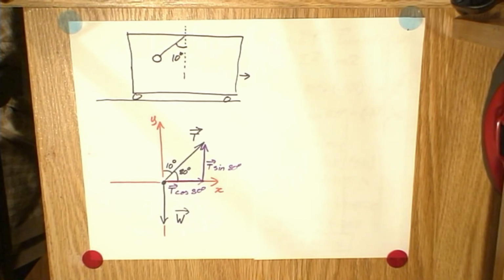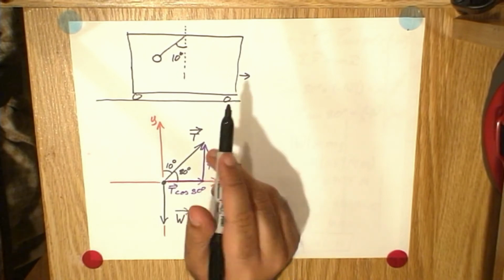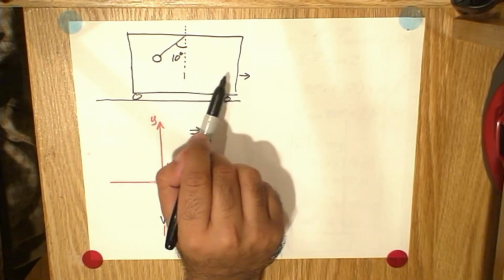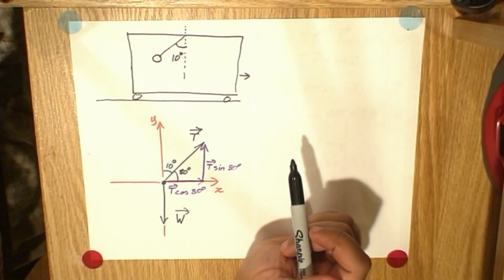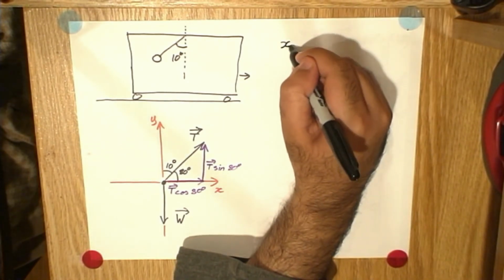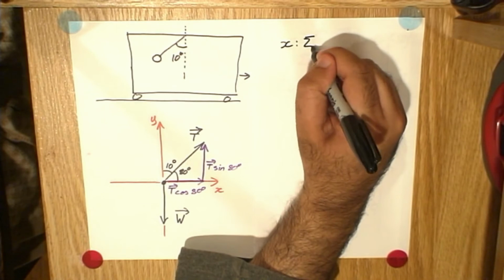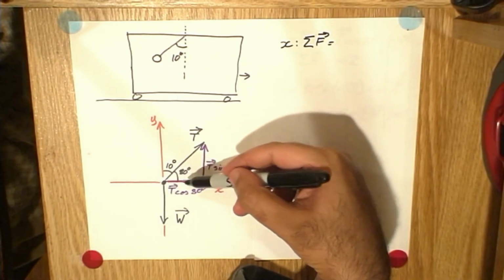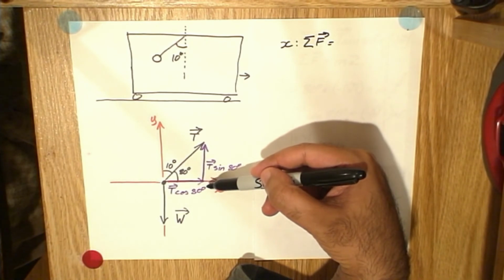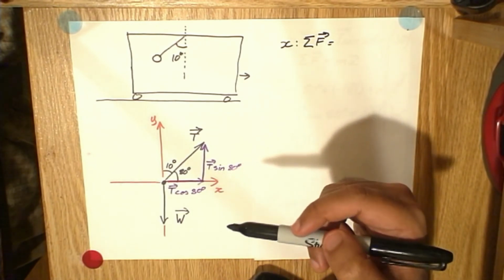Now that we know the tension in the string, we can use that to find the acceleration of the ball and therefore the acceleration of the train car. In the x direction, the total force that's being experienced is the tension cos 80 degrees.